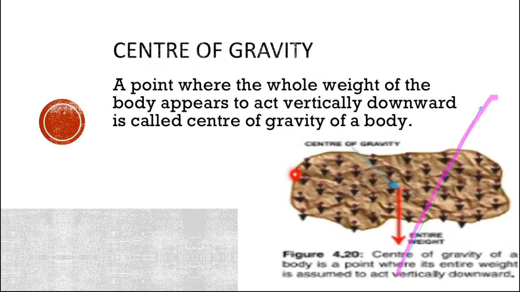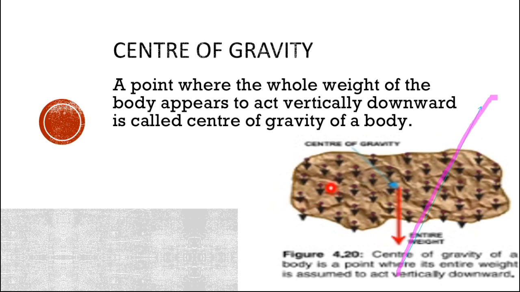As we know, a body is composed of a large number of particles and every particle has its own certain weight. Let's say that this is a body. It is made up of a large number of particles and the weight of every particle is acting downward due to Earth's gravitational pull, or we can say the force of gravity.